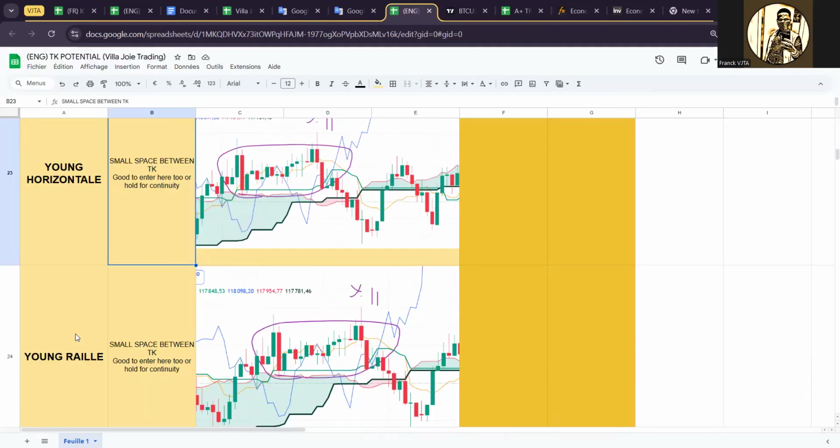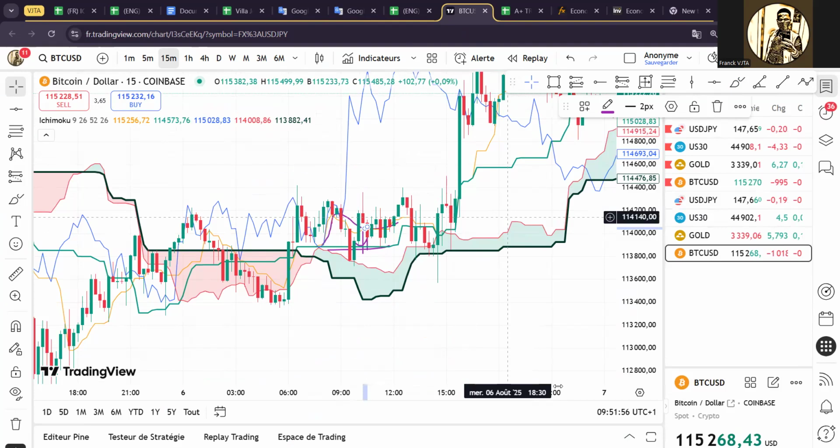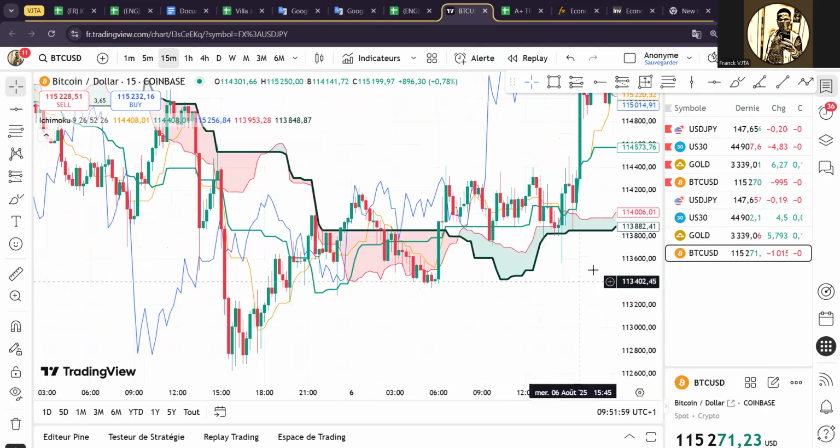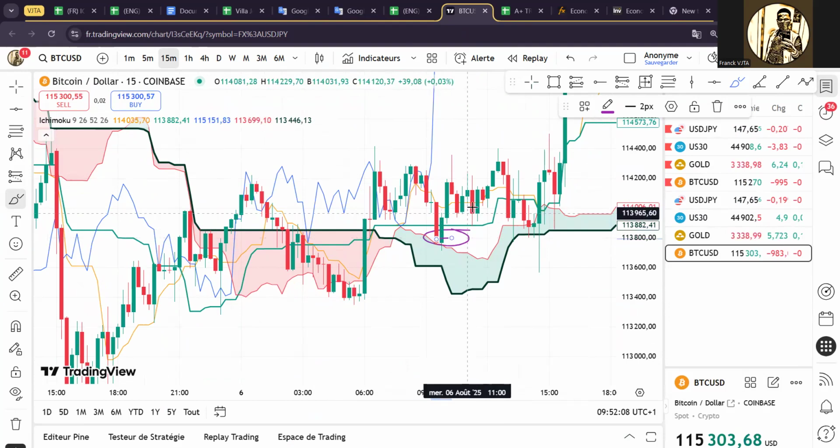But then you have yon rail, like this one too. When you see yon rail and yon horizontal, you can have some opportunity to enter here at Kijun or Tenkan just right here.